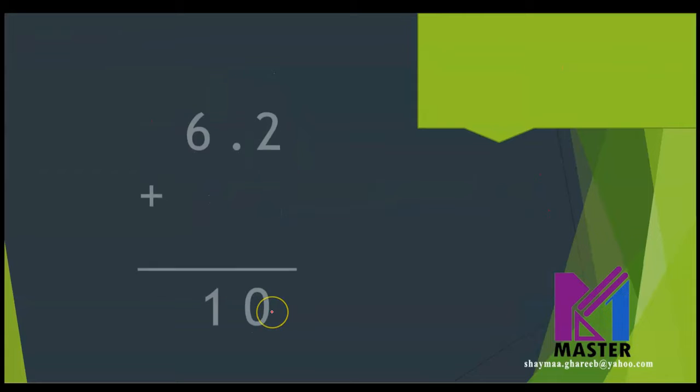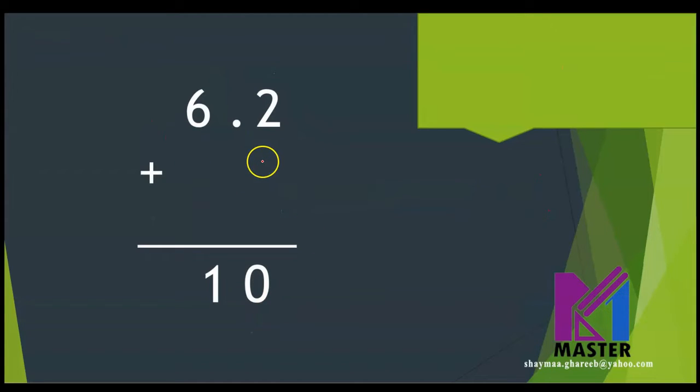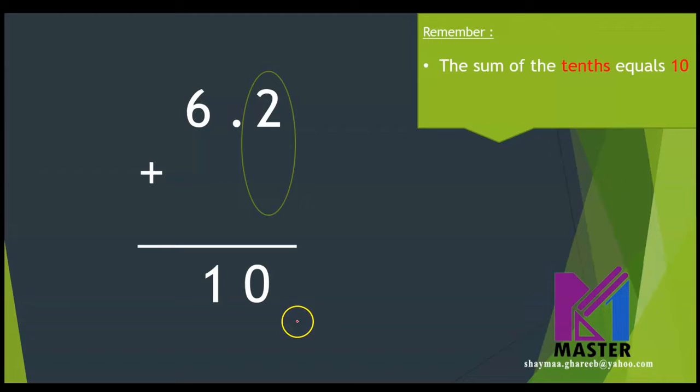Let's try one more example. 6.2 plus what equals 10, or 6 and 2 tenths plus what gives 10. I will follow the same rule exactly. I will complete this 2 to be 10. So it needs 8 because both digits should add up to 10. 2 plus what gives 10? 8.